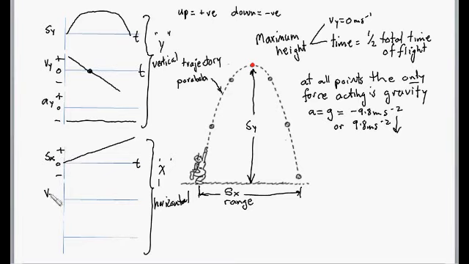If we then look at the velocity in the x direction with respect to time, we get constant velocity, so a straight line going across like so. And of course, acceleration in the x direction is 0 because gravity does not affect the horizontal, it only affects the up and down. So we get a horizontal line on the 0 mark here. So there we have it.